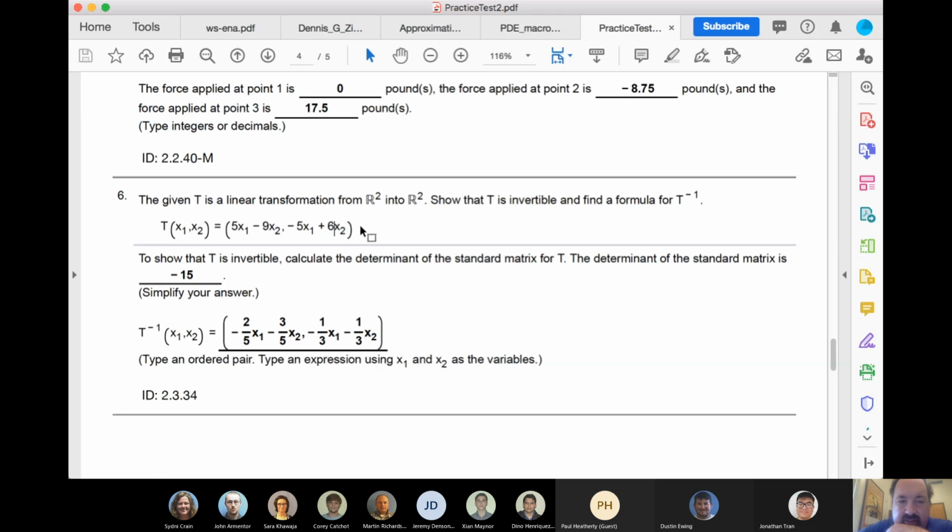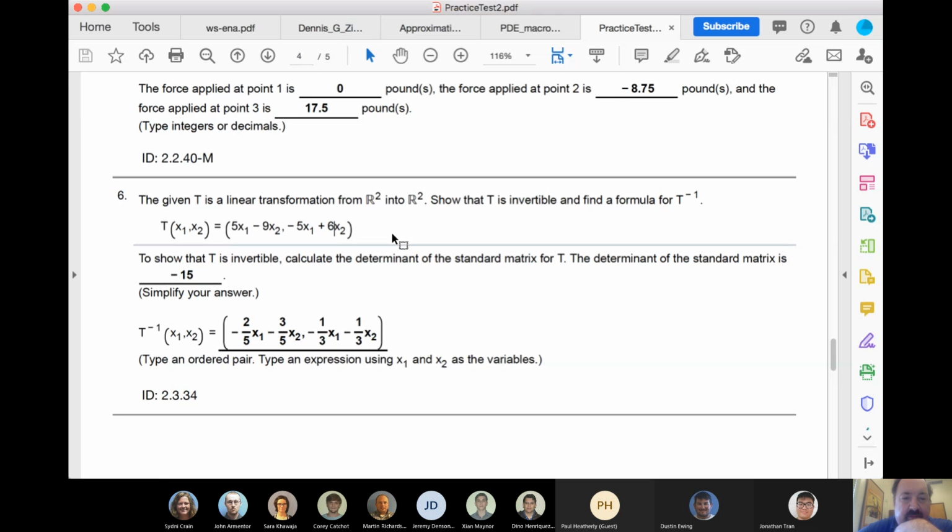Well, is there a 1/3 there? Why is there a 1/3 there? Okay, if you again swap the diagonal entries, that's a 5 and a 6. Negate these entries, a -9 and a -5. So your inverse matrix, based on that procedure, the first row would be 6 and 9.